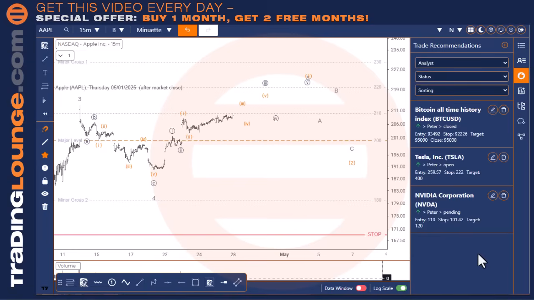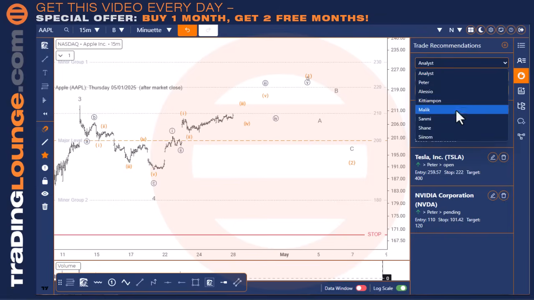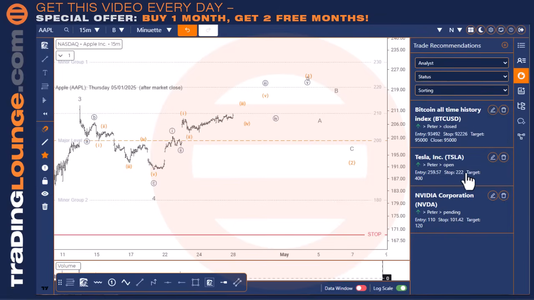So at the moment, you'll be able to come to here and look at each analyst's trades. This one here is Bitcoin. It was just a very small short-term trade that hit its target. This was the entry and the stop, and I adjusted the stop, so I'll have to put another thing in here. Tesla we opened up the other day. NVIDIA we can open up today.